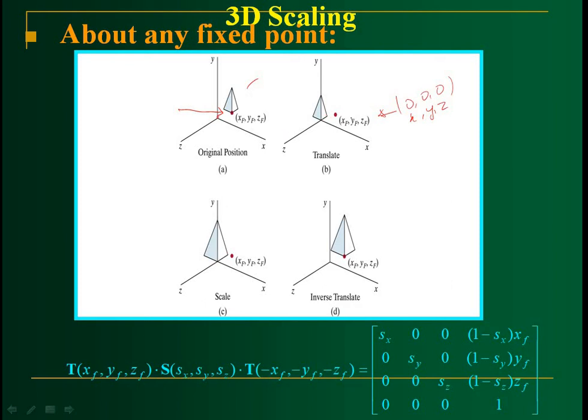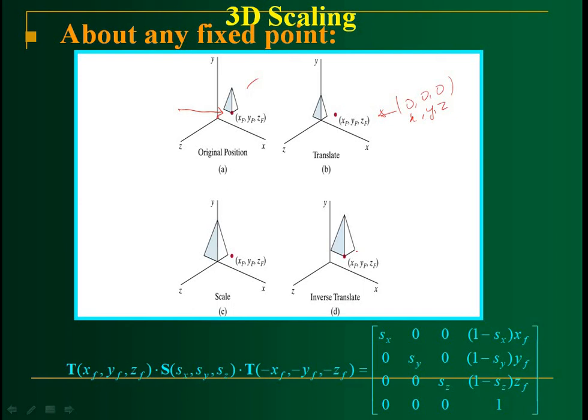That is, we are translating it, and then after that we scale it. Scale means here in this case we are increasing the size of this object, and after that we are going to bring it back to the original position. The red dot is the original position.